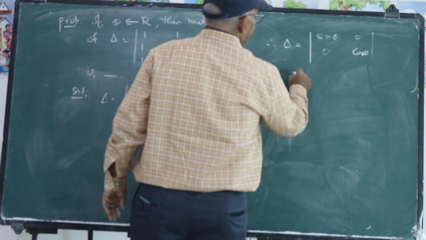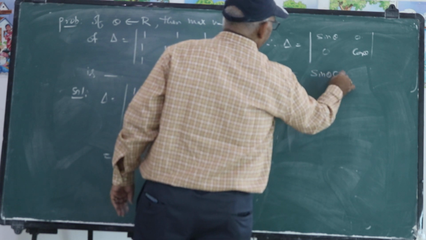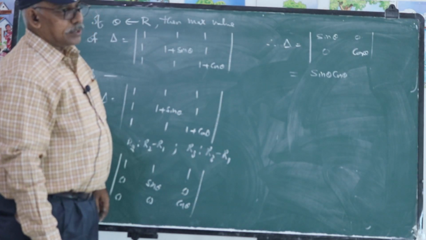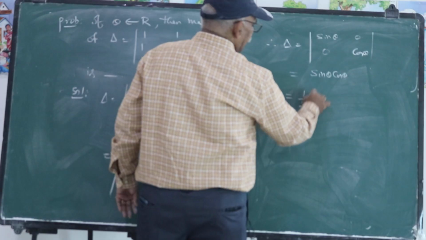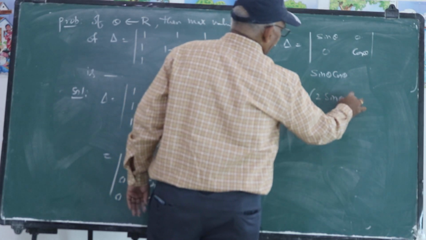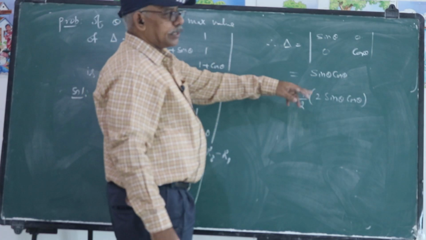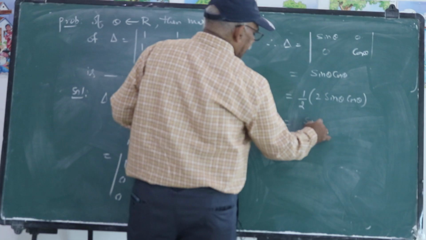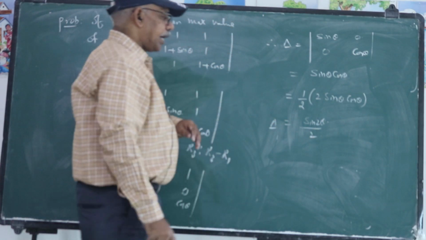So delta becomes sine theta into cos theta minus 0, that is sine theta cos theta. Delta takes the value sine theta cos theta. Now multiply and divide with 2, so that we get 2 sine theta cos theta by 2. But 2 sine theta cos theta is sine 2 theta. So delta is equal to sine 2 theta by 2.